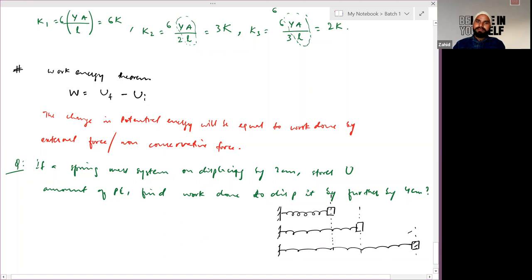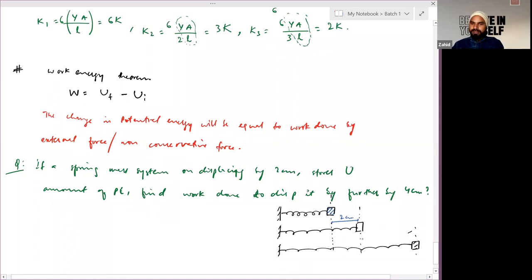Just see how to solve it. For a spring mass system, try to define the displacement of the block from the start, that is, from the mean position. In the first part, the displacement is from this point to this point, which is just 2 centimeter.